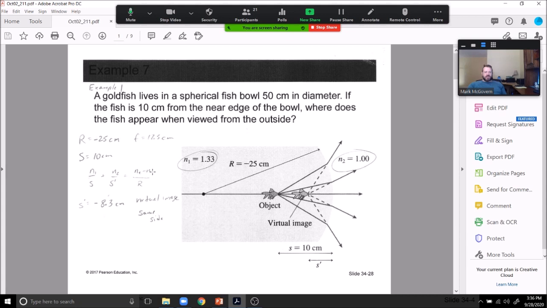So N1 in this context is 1.33. The value for S is 10. We've got to look for S prime, but for N2 I'm going to put in 1. And then N2 minus N1, well, it's going to be 1 minus 1.33, which gives me a negative value here. Okay, so if I write it down here, here's how it's going to look.